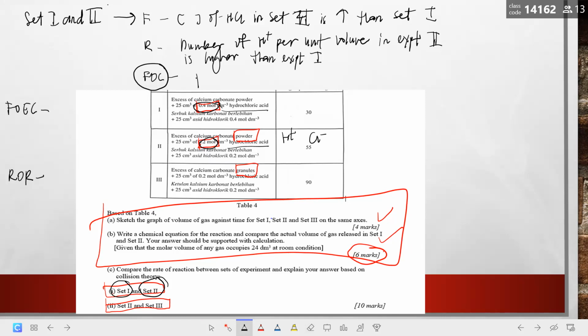You must start with frequency of collision between hydrogen ion, H plus, and CO3, calcium carbonate, is higher in experiment 2 compared to experiment 1. Okay, perfect. Very good. See, it's not so difficult to answer.